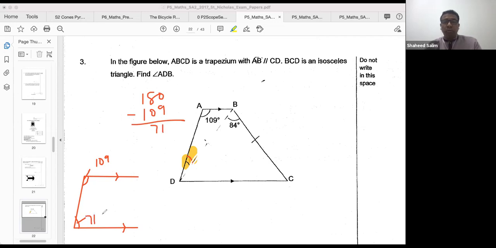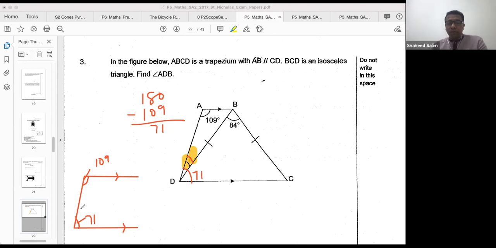So Putra, this small angle here cannot be 80 something. It's smaller than 71. So how to do this one? Okay, come, we do this one. Now let us look at this triangle here. This whole thing is 71. Both of you understand? Yes, right? Naomi, you understand? This whole thing is 71. Can you see down here?